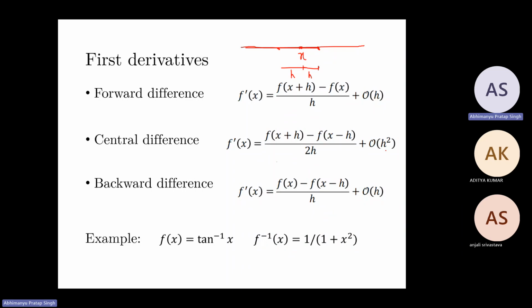Forward difference and backward difference are much less accurate as compared to central difference. Fine, so this is clear.